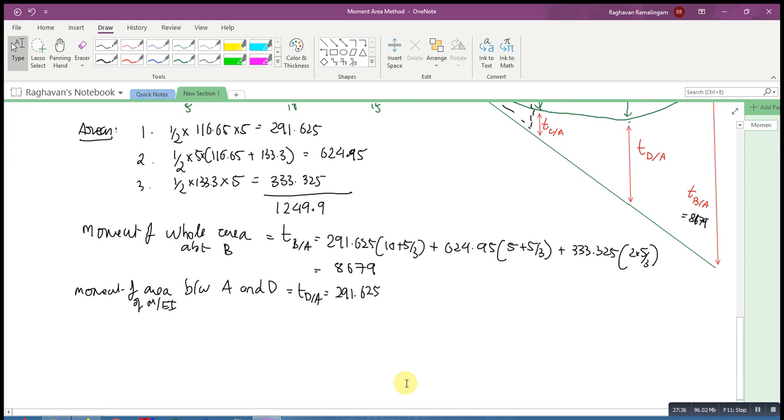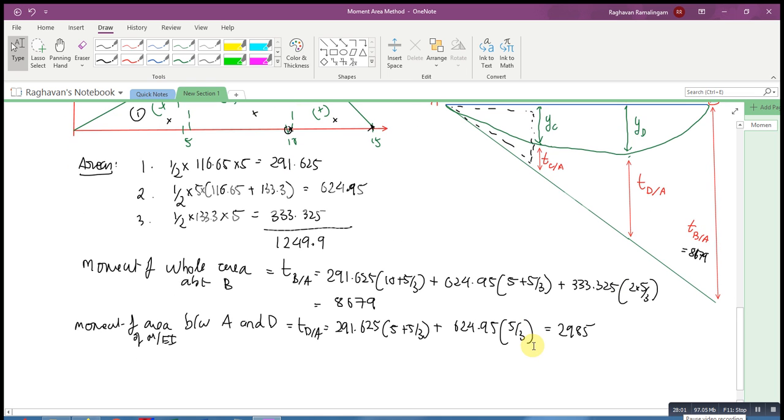So 291.625 into 5 plus 5 by 3, plus 624.95 into 5 by 3, and this gives 2985. Okay, so I have 2985 and 8679.